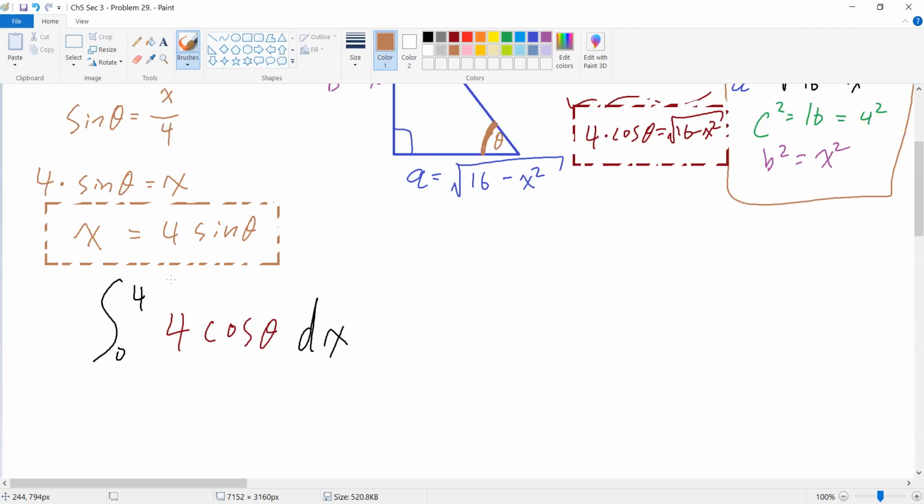If we took the derivative of this, then we're going to have a dx statement. So if I took the derivative, that would be dx is equal to the derivative of 4 sine of theta, which is just 4 cosine of theta d theta.